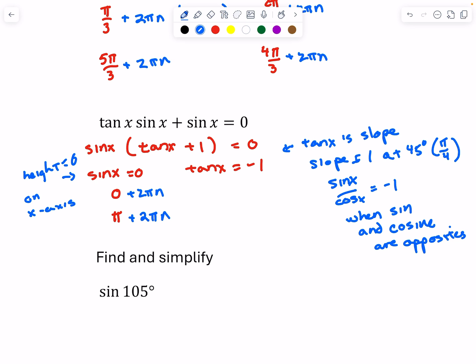So the second quadrant and fourth quadrant versions of pi over 4 are where sine and cosine are equal and opposite. And we're just going to take the final end here.